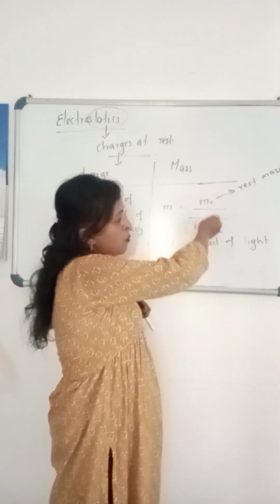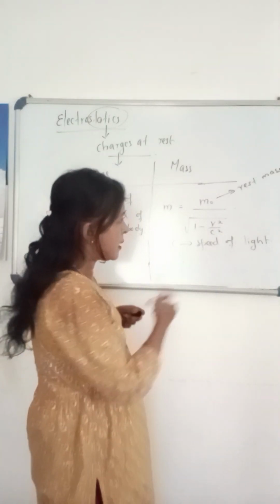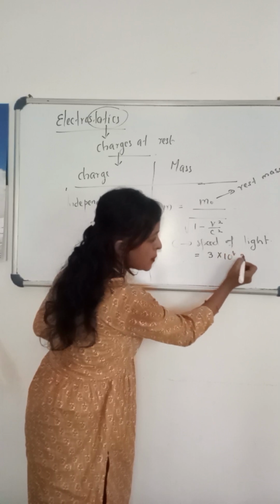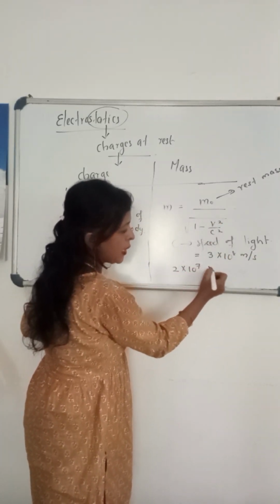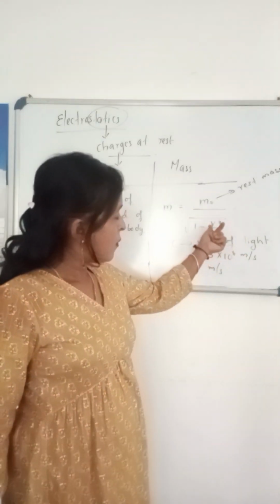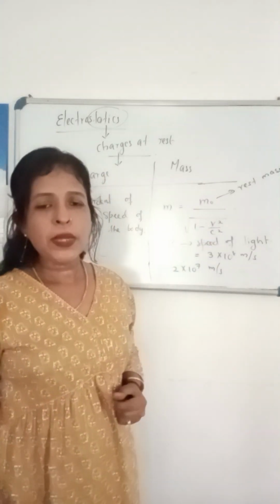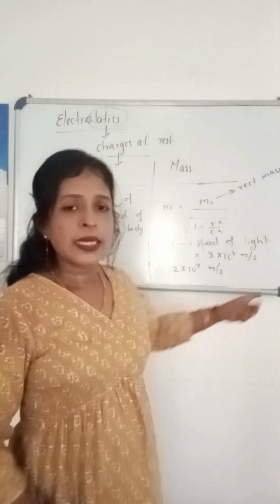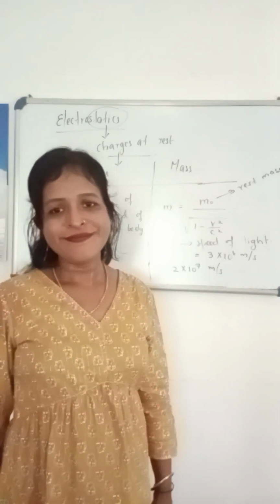If the body is moving with a very high velocity, we know that the speed of light is 3 into 10 to the power of 8 meter per second. Suppose the body is moving at 2 into 10 to the power of 7 meter per second, we can substitute here and we will see the mass is changing its value. That means the mass is depending upon the speed of the body.